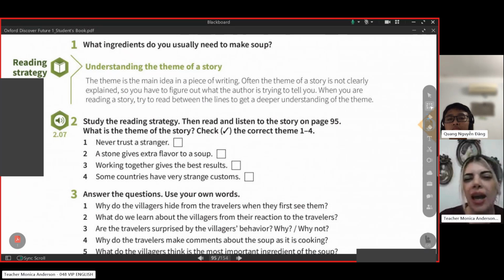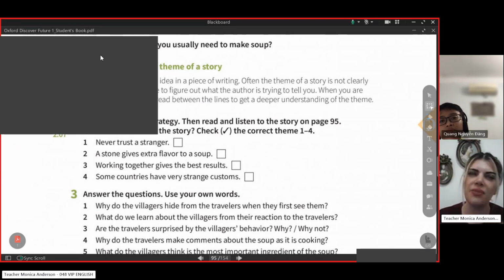Normally the main idea of the story is something like a topic sentence, but a little different. Normally you need to read it, maybe skim it, and try to understand what the main idea is.